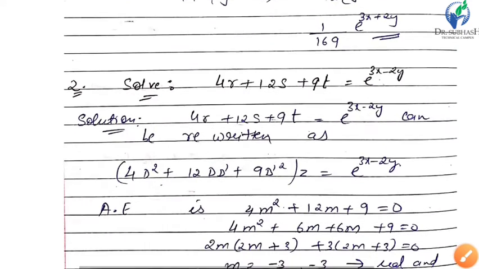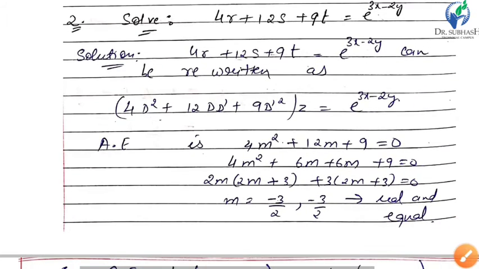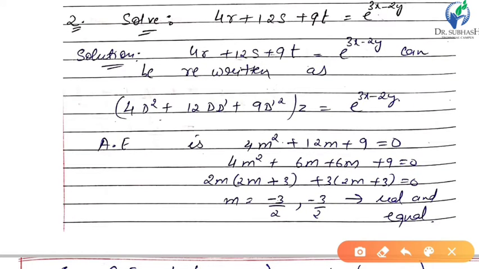Now let us move towards the second example. Our given equation is 4r plus 12s plus 9t equal to e raised to 3x minus 2y. This can be rewritten as (4D squared plus 12 D D dash plus 9 D dash squared) z equal to e raised to 3x minus 2y.